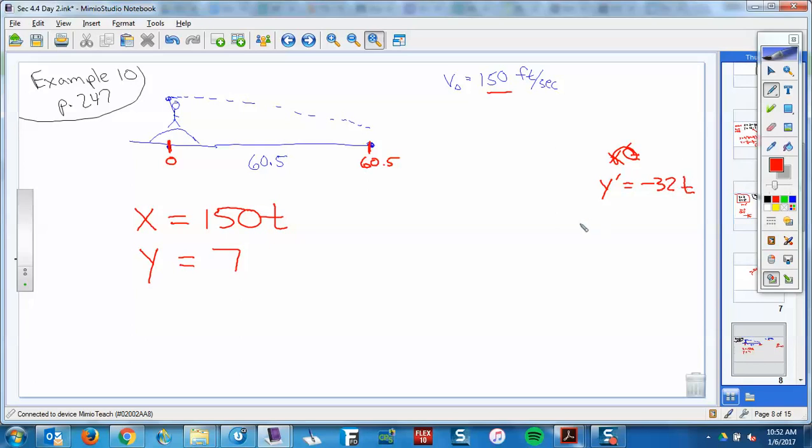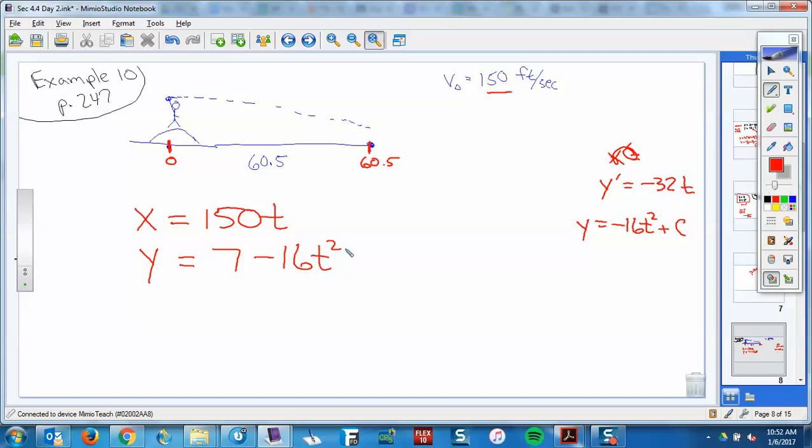Now let's take the antiderivative of that, which will give us y. We raise the power to 2, divide by 2, so that's negative 16t squared plus c. What would c be? Because at time 0, the vertical distance has to be 7. So this equation is going to be 7 minus 16t squared, or negative 16t squared plus 7.